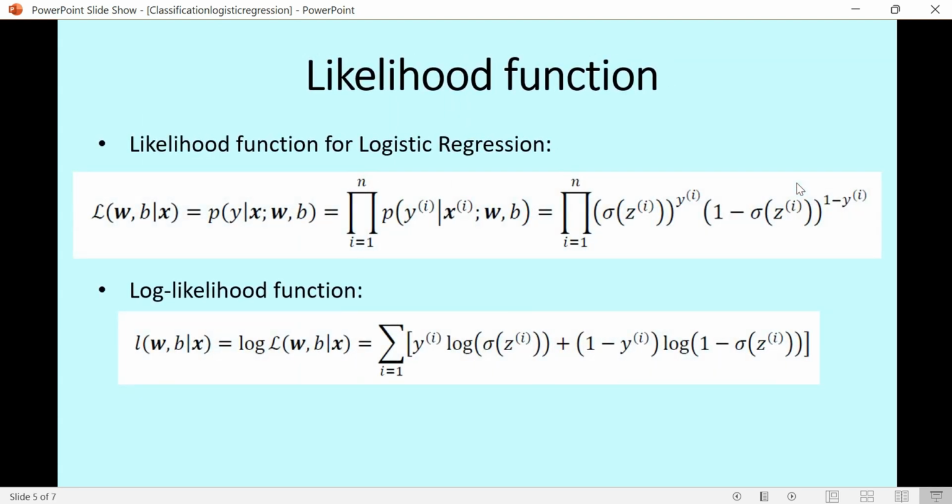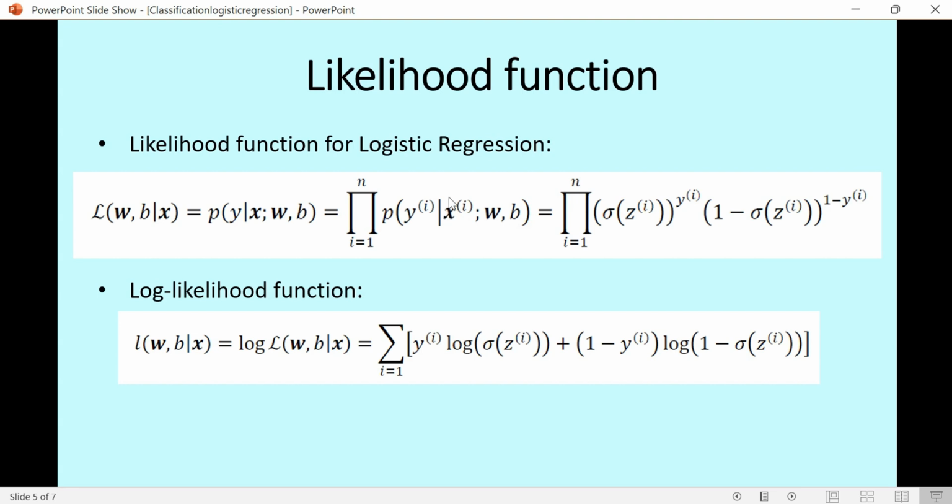Next we will talk about the likelihood function. Every machine learning training uses an optimization technique, so there is a loss function. In logistic regression, the loss function is also connected with the likelihood function. The likelihood function is actually the negative of the loss function, because the likelihood function is the product of all the conditional probabilities. What is the conditional probability?